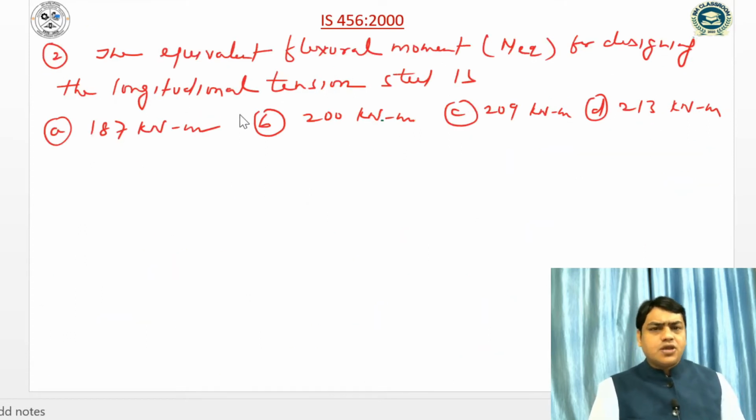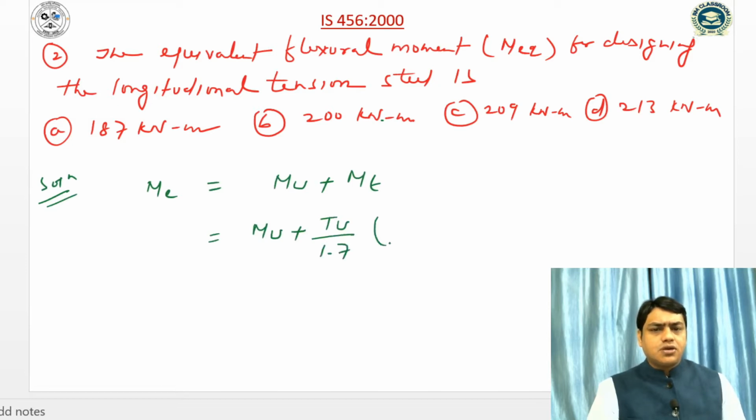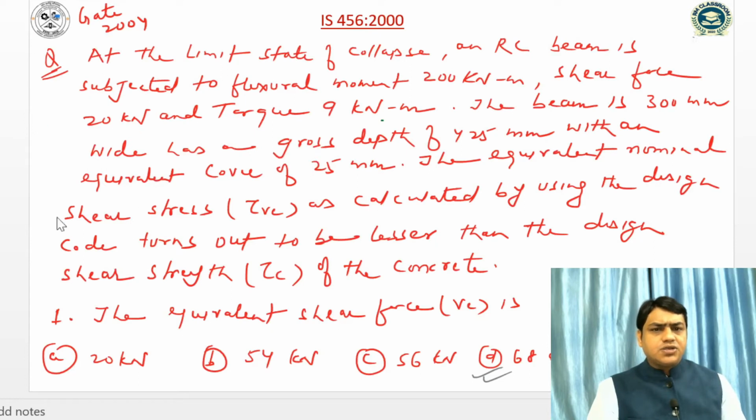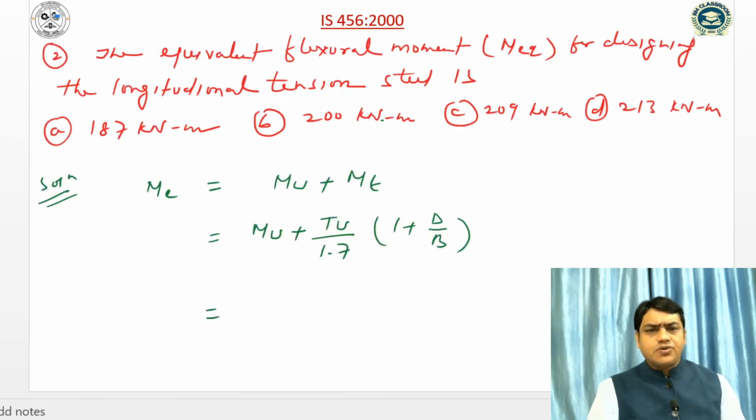In the second part, the equivalent flexural moment for designing the longitudinal tension reinforcement. So ME can be computed as equivalent flexural moment. ME is equal to MU plus MT, or it can be written as MU plus TU by 1.7 into 1 plus capital D by B. So the factored moment is given, that is flexural moment is 200 kilonewton meter.